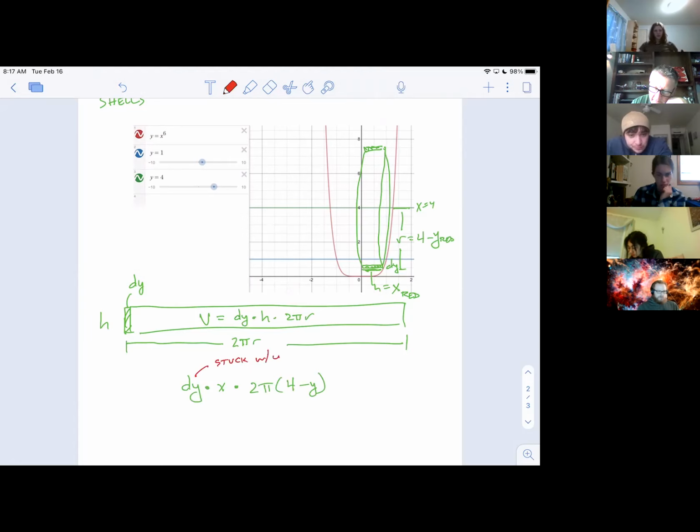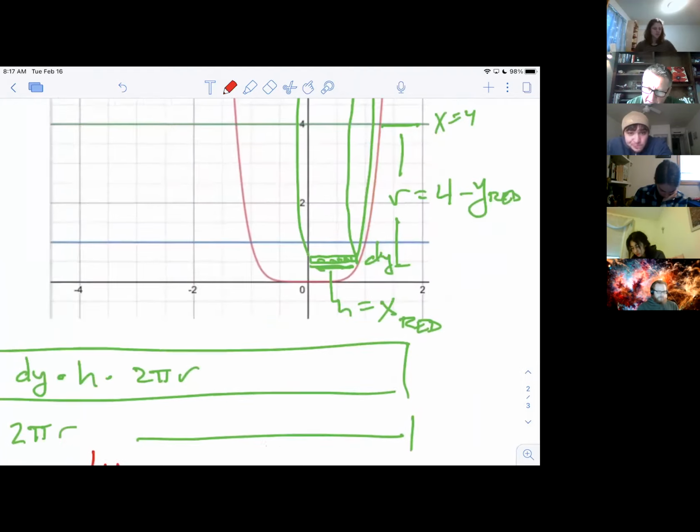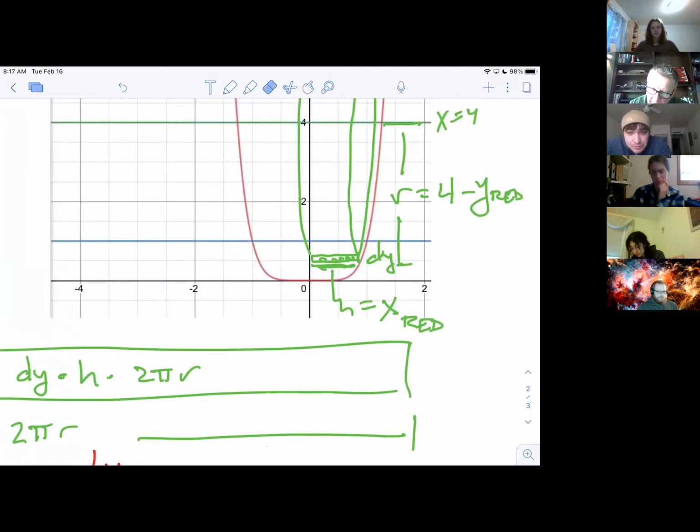And again, this kind of insinuates that I'm stuck with y. Now, with respect to where this little slice that I made lives here, what y values does it slide from?